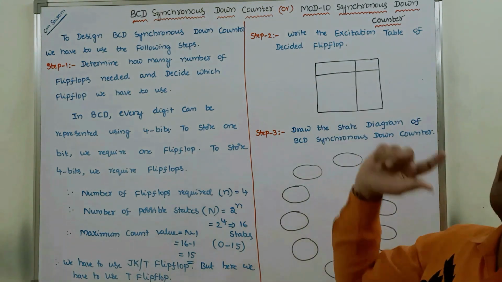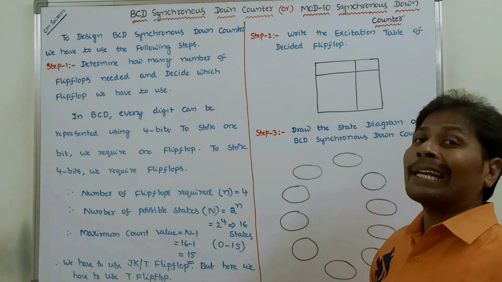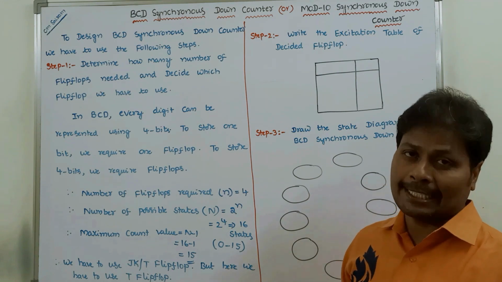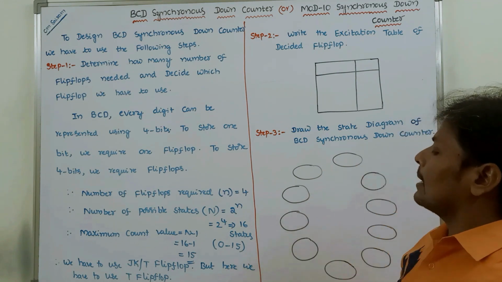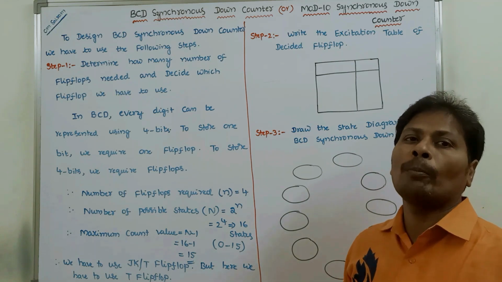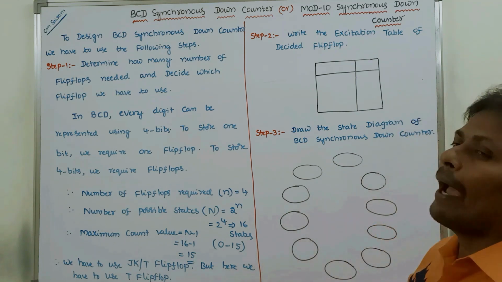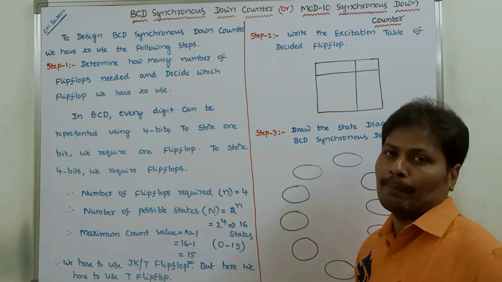Next, step 2 is write the excitation table of decided flip-flop. Here the decided flip-flop is a T flip-flop. Now we have to write the excitation table of T flip-flop.